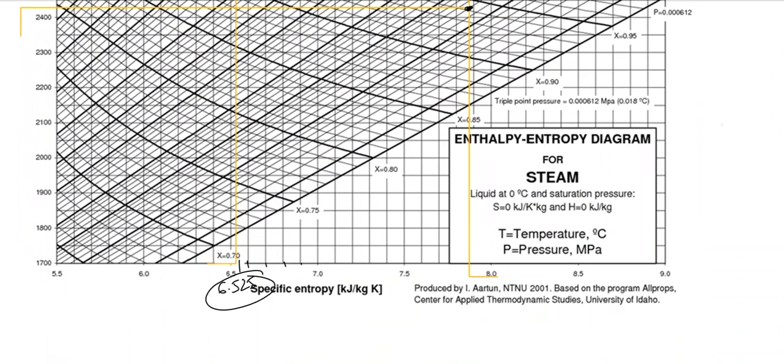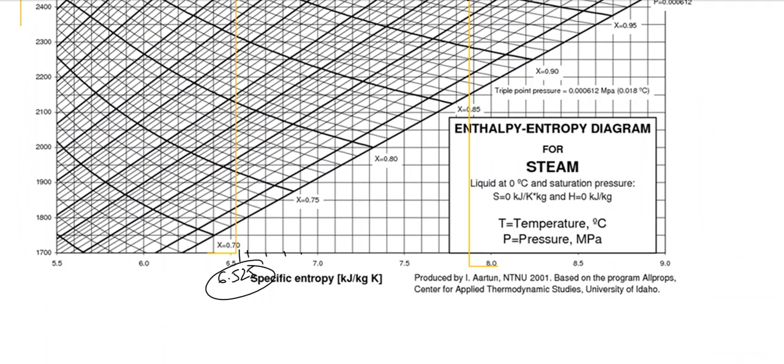Sorry, we did not check the entropy for state 3. So let me select 7.6, 7.7, 7.8, 7.9, and that is 8.0. So that could be roughly 7.88 something.